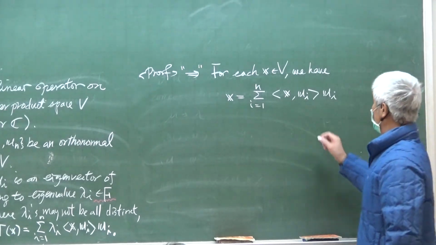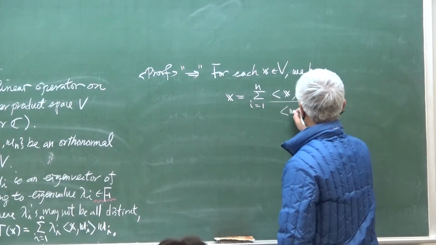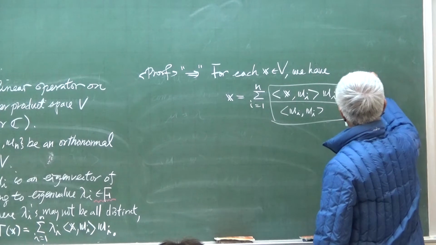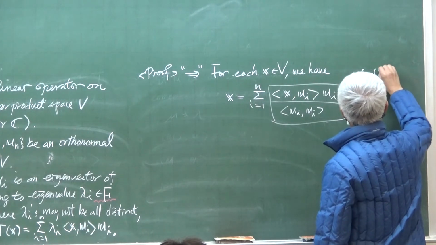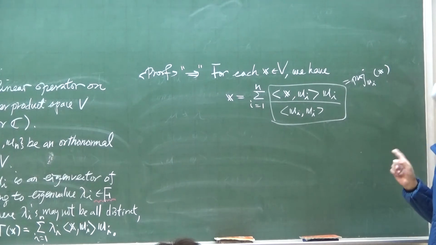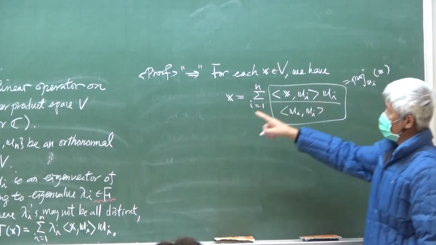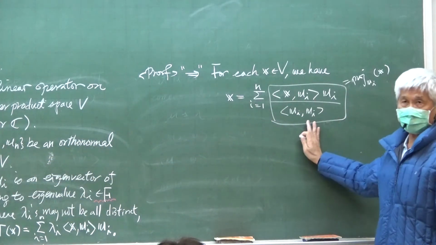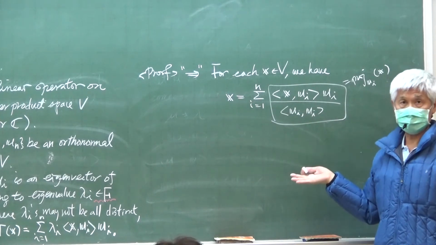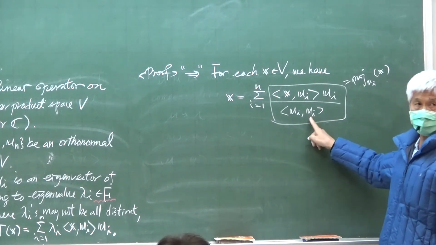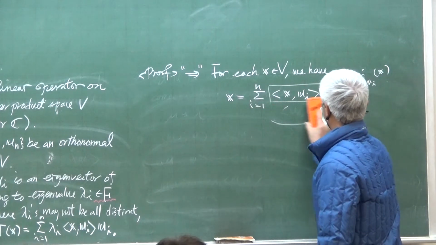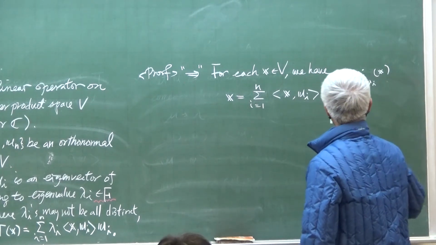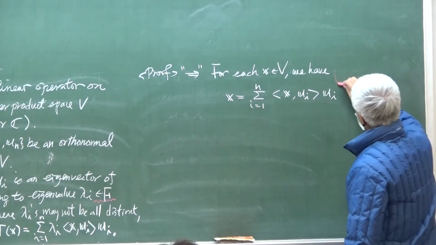Remember, this is the projection of x onto ui. But because it's orthonormal, each ui is a unit vector, so the denominator is equal to 1, and you don't need to write it. That's why we can simplify it.